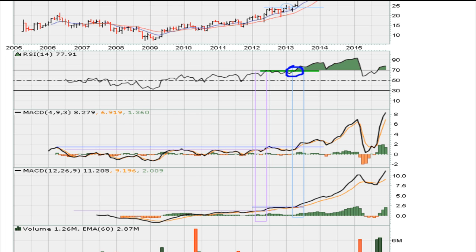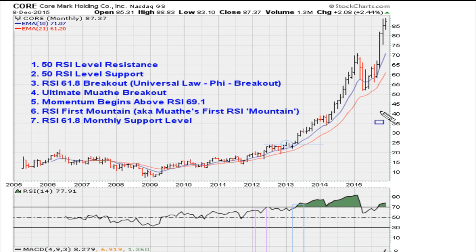We also see that the MACDs also moved to fresh all-time highs on both MACD settings. So the minimum requirement was met on this one. We can also see that the main MACD did move to fresh highs, which might explain why since the breakout in 2012 the stock has not looked back, from a price range of just under 25.